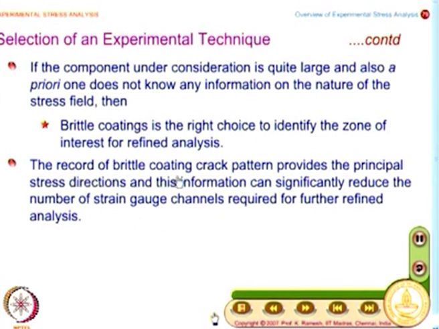The record of brittle coating crack pattern provides the principal stress directions, and this information can significantly reduce the number of strain gauge channels required for further refined analysis, and this is used in large structures. People take the advantage of knowing the principal stress direction.